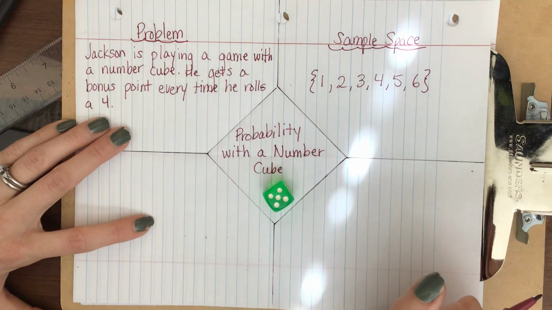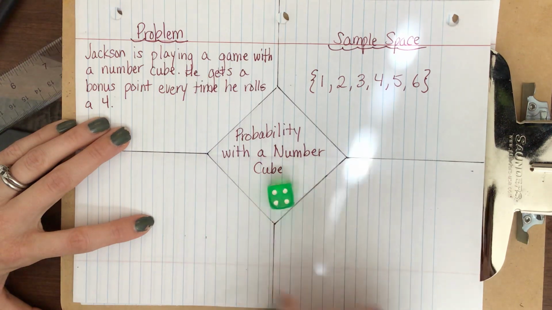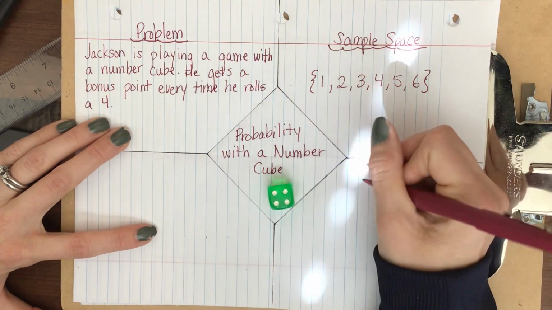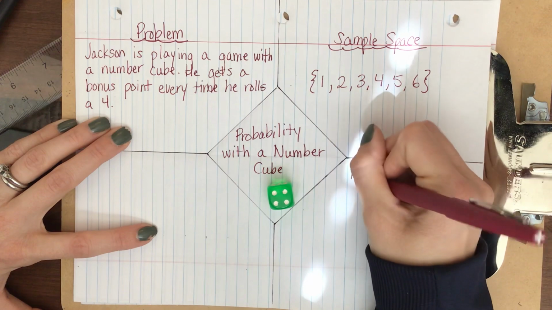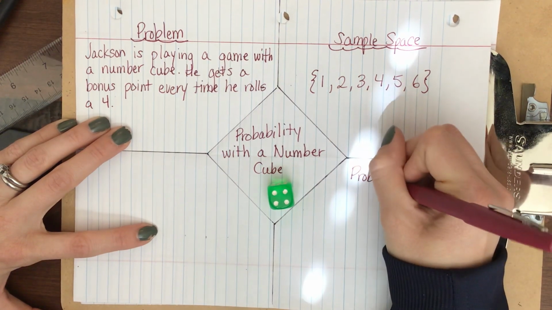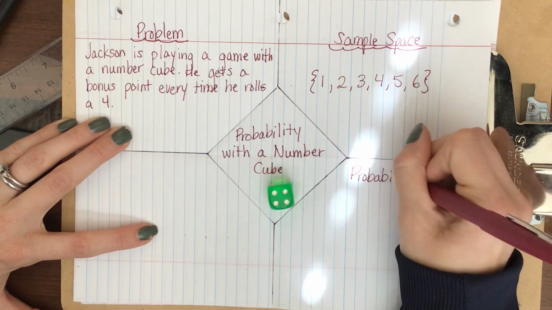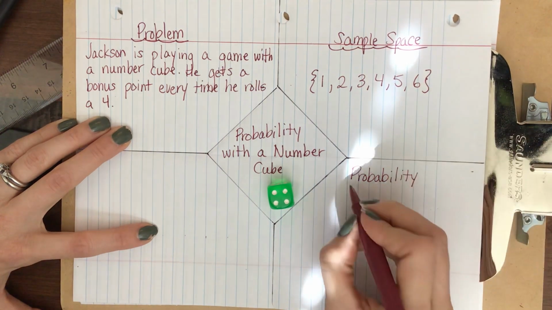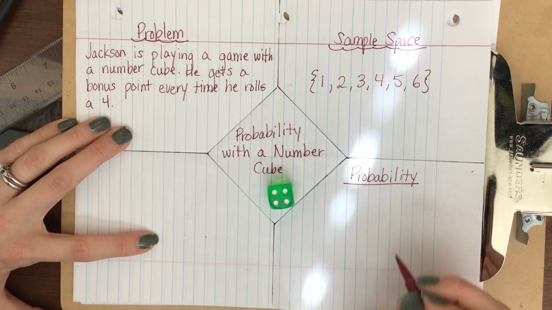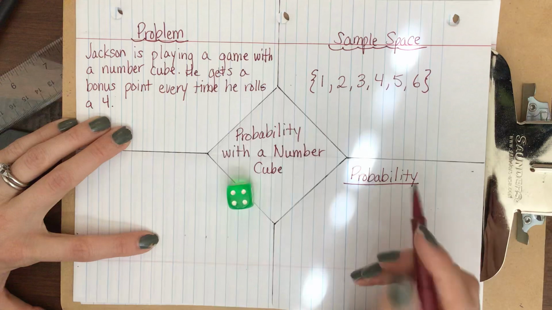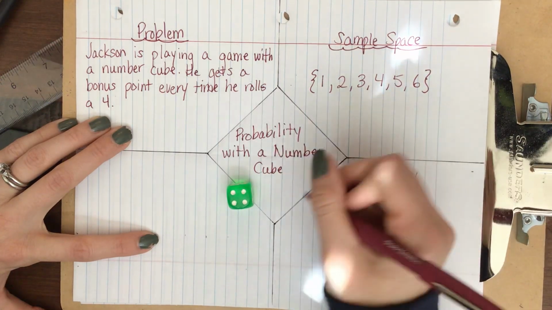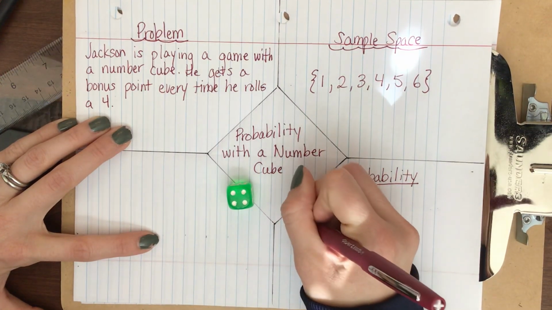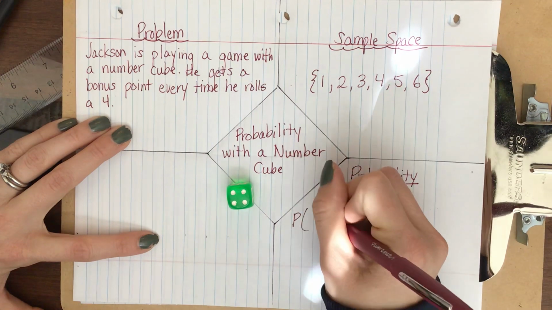Now let's talk about the probability of rolling a 4. So let's put our probability down here. What is the likelihood that a 4 will be rolled? Now, for probability, we use this setup. We have a capital P and parentheses.